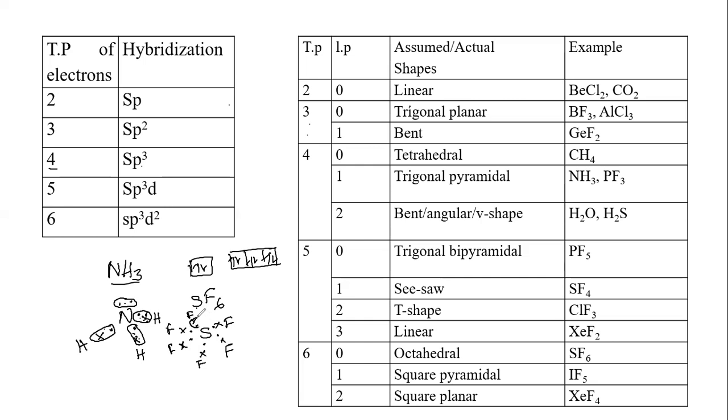So 1, 2, 3, 4, 5, 6. That is 6 bond pairs. Because it is 6 bond pairs, the total pair of electrons is 6, and so it's going to be sp3d2.